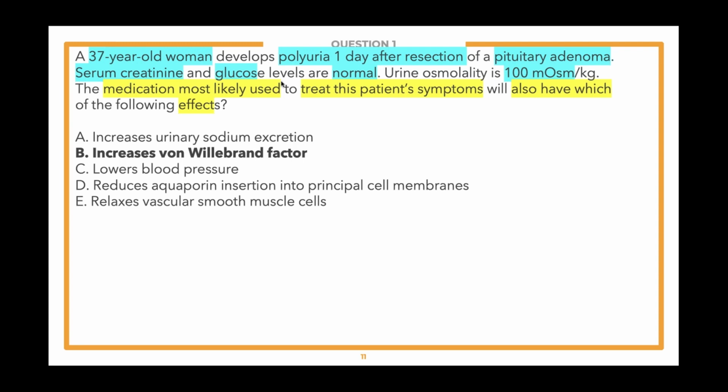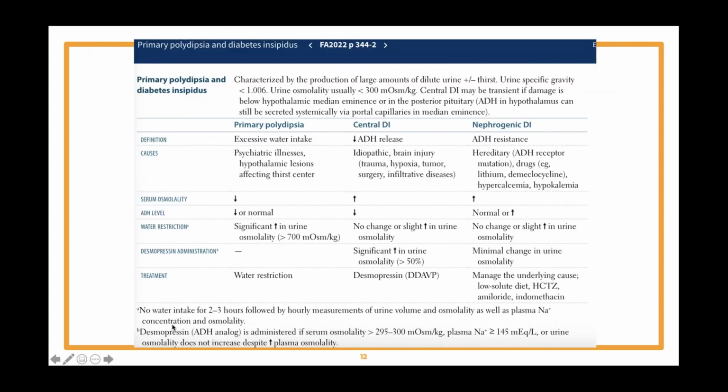So let's take a look at the next slide. And on that slide, we will see our nice, very extensive table of primary polydipsia and diabetes insipidus, okay? You can see there in the very first line, the header of that table, characterized by the production of large amounts of dilute urine, osmolality usually less than 300.